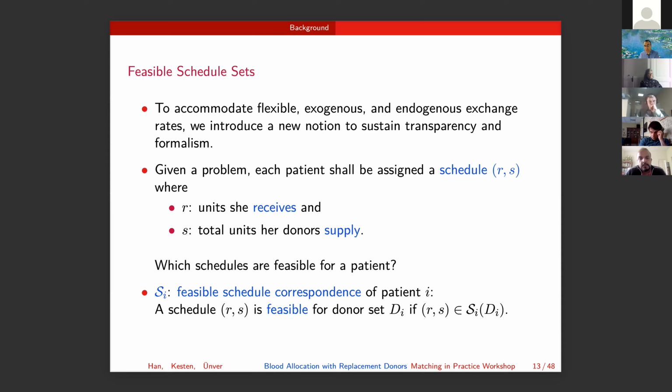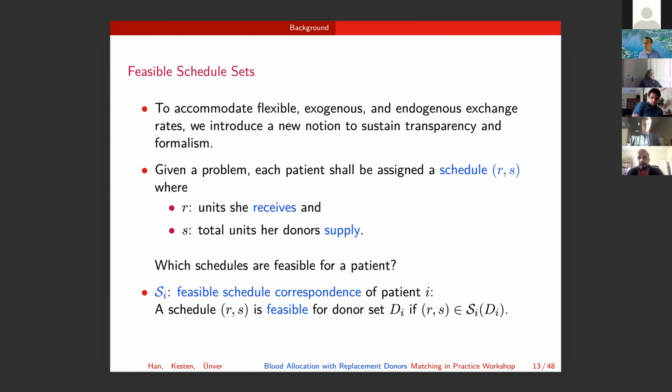So you should be careful. This is very flexible because D_i is the set of donors. Every donor can have a different blood type. It can be quite general. In the end, this schedule set can be a function of all these different donor characteristics. It can be a function of the blood types of the donors brought. And this is a function of i also, right?